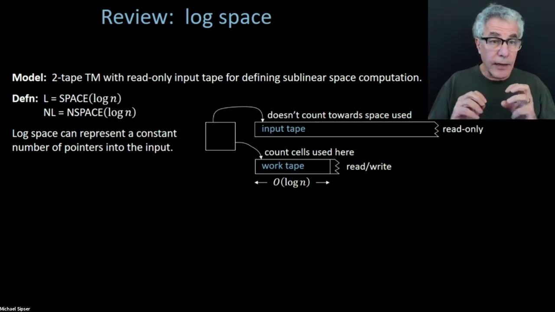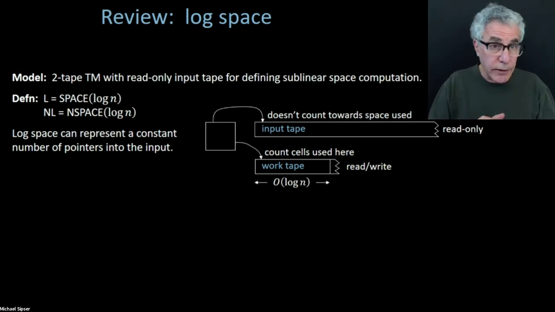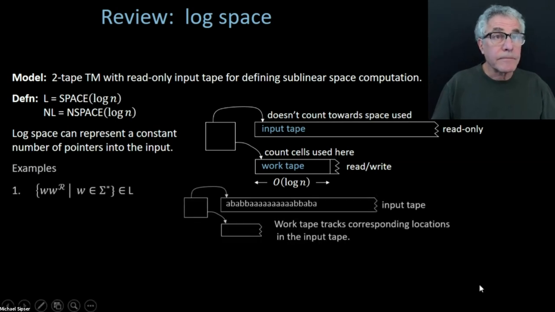And that is enough to have small counters or pointers into the input, because to reference a location of the input you only need log n bits to do that. So we gave a couple of examples of the L and NL languages. So this language of WW reverse, as you may remember.